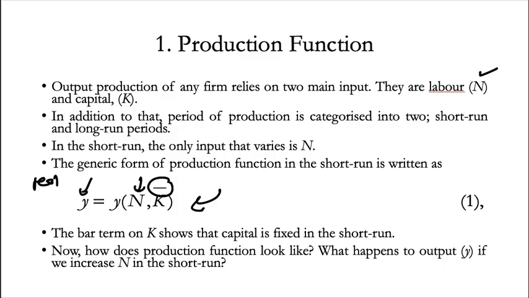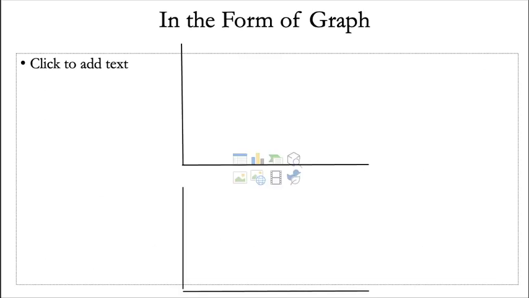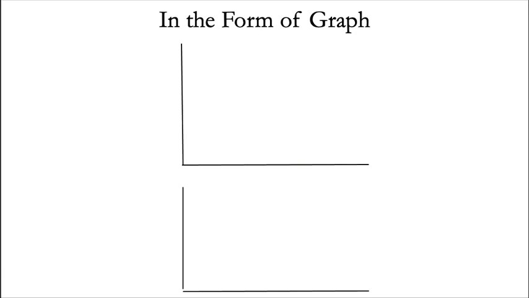Here we have real output on the vertical axis, and the number of labor here. And in the second graph, we have marginal product of labor, and here is the number of labor.